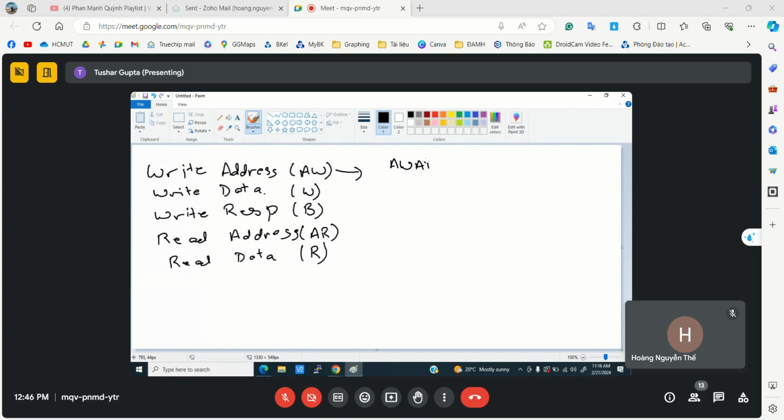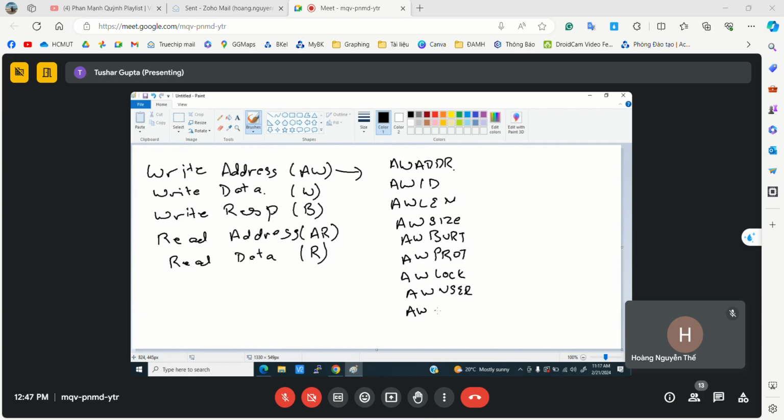We have AWADDR, AWID, length, size, burst type, prot, lock, user, and valid.